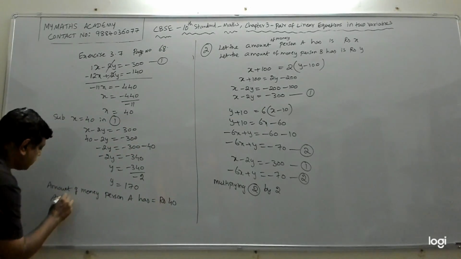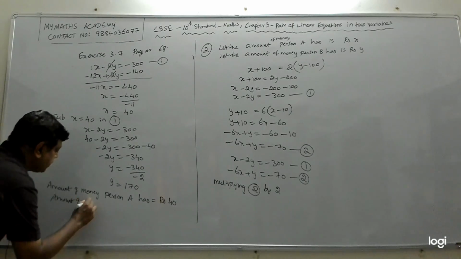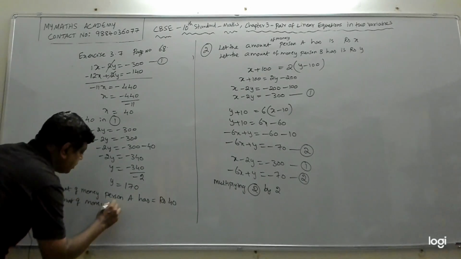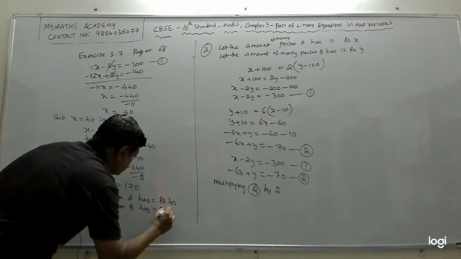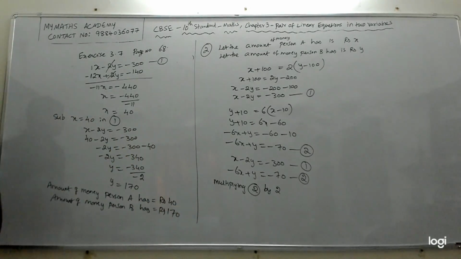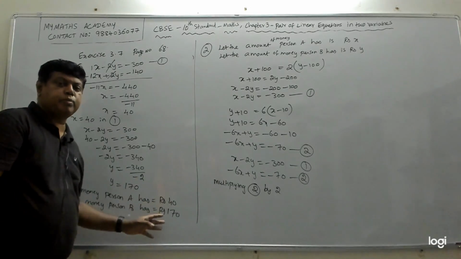Amount of money or amount of capital, you can say, doesn't matter. Person B has is equal to rupees 170. Right? So A has 40 rupees, B has 170.